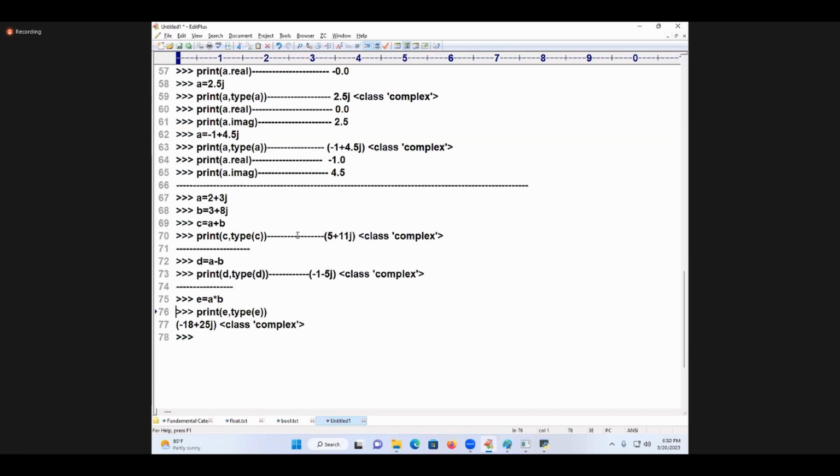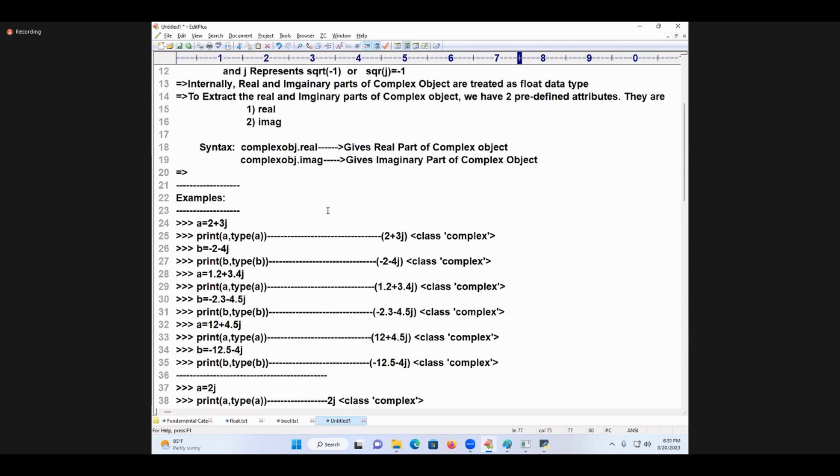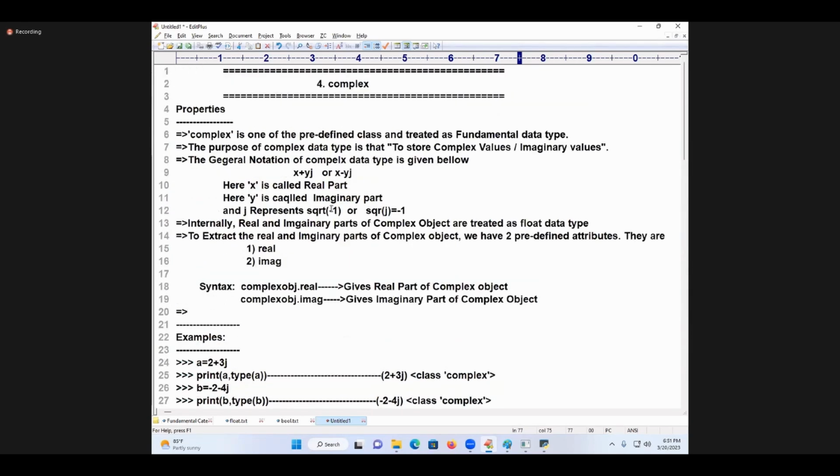So here, this is the complete concept of complex type I am going to take up. If anybody asks you tomorrow, will you answer like this? So complex properties are clear, right?